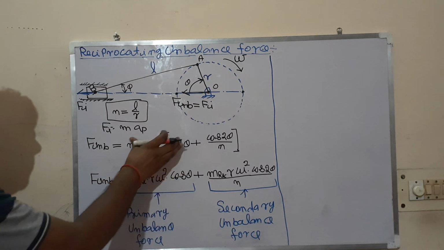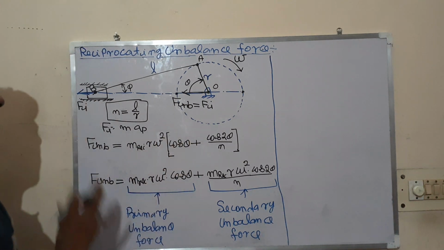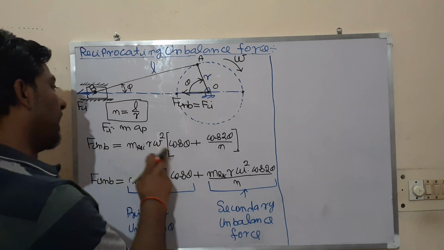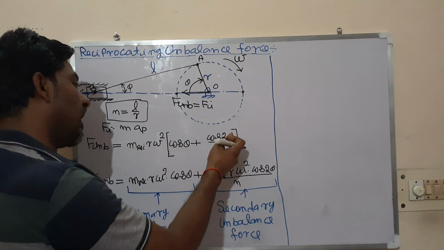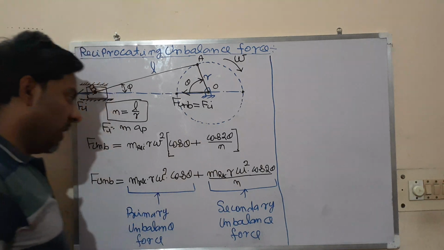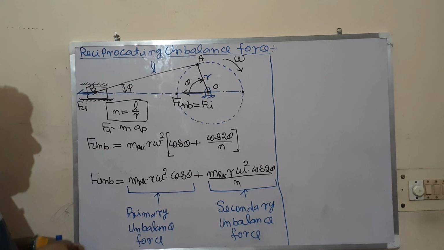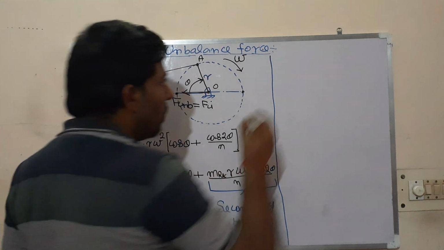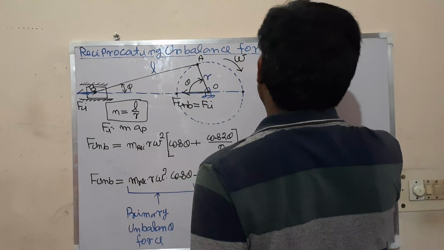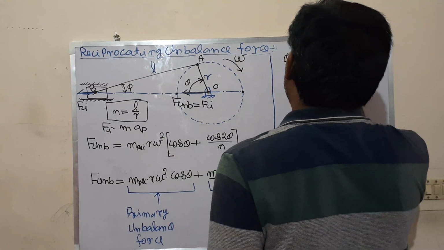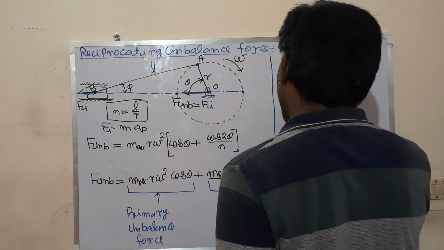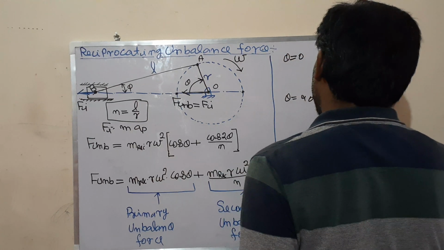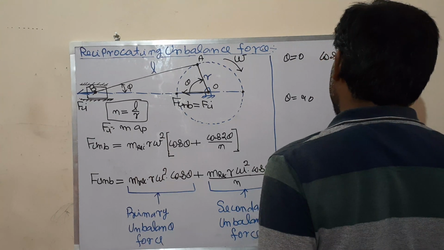Let us expand this. Then what we get is m r omega square cos theta, plus m r omega square cos 2 theta divided by n. Look here. When theta is equal to 0, cos theta is equal to 1. When theta is equal to 90 degrees, cos theta is equal to 0.